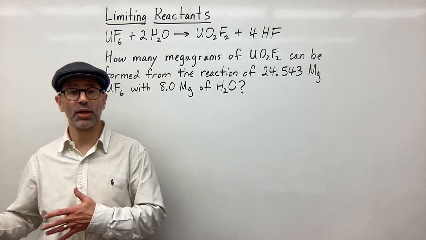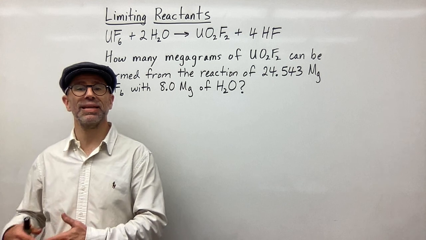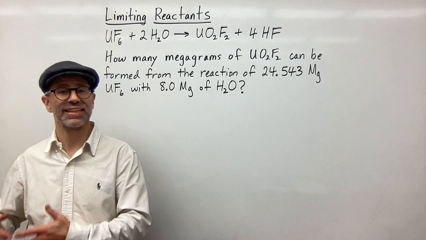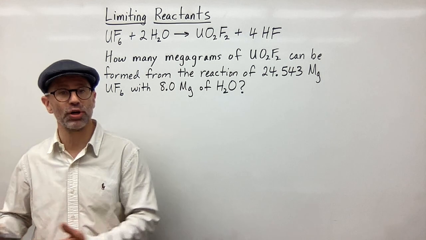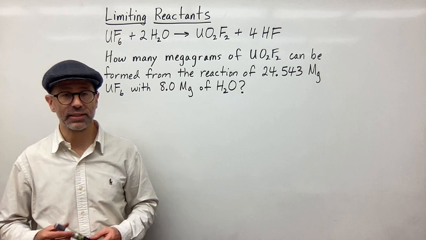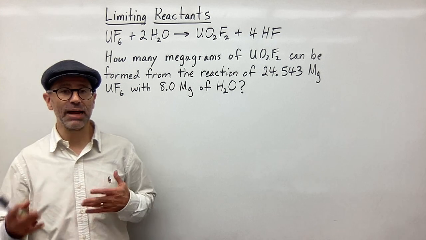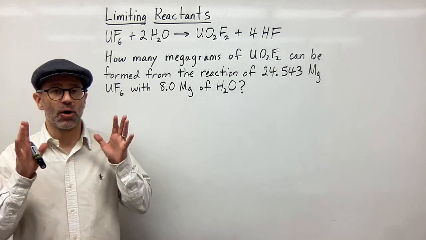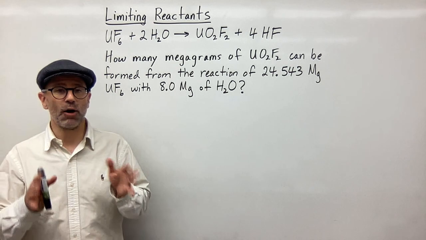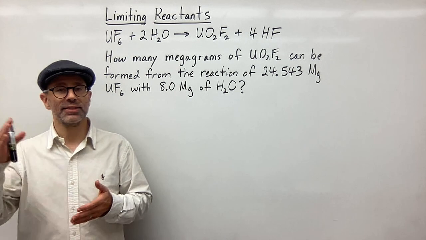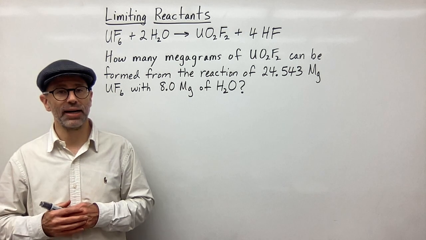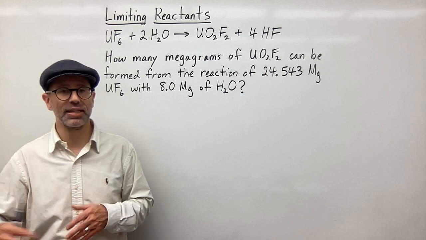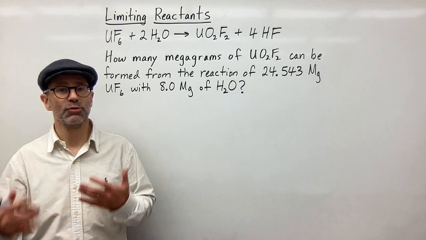And the other two, the peanut butter and the bread, would be the reagent that's in excess. I have leftover of those ingredients, right? So the same thing applies to reactions. Whichever reactant runs out first is going to stop the amount of product that I can form. Therefore, it limits the amount of product formed.